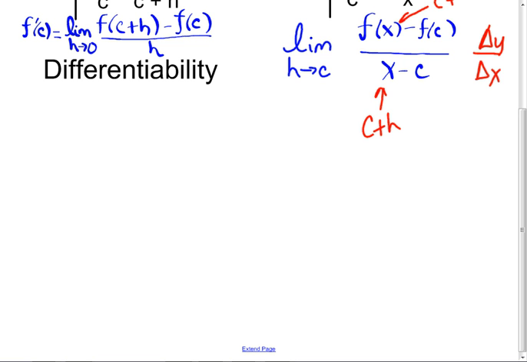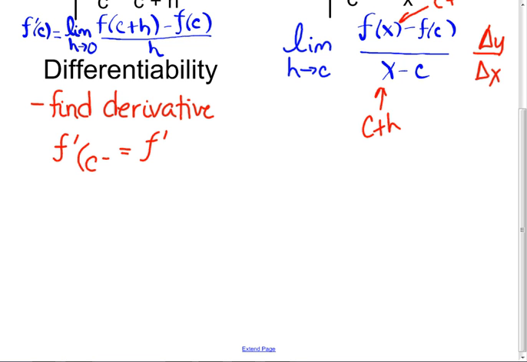So, what about differentiability? A function is differentiable if you can find the derivative at a point. Now, what does it mean to find a derivative? f prime at c from the left must equal f prime at c from the right. The derivative has to be the same from both sides.